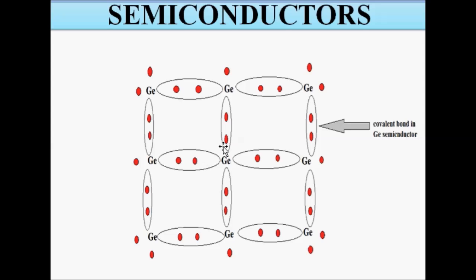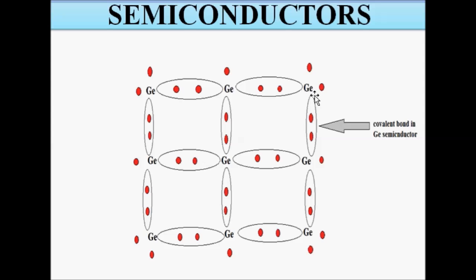So one covalent bond is formed by the contribution of 1 electron each from the adjacent or neighboring germanium atoms. In this way, multiple covalent bonds are formed, and a semiconductor material is constituted by the formation of these multiple covalent bonds consisting of 2 electrons each, contributed by 2 adjacent or neighboring germanium atoms.